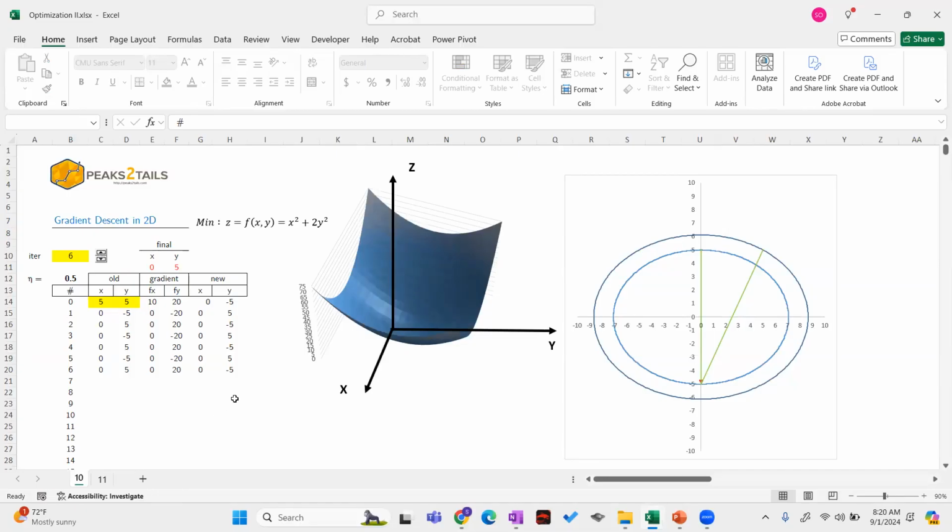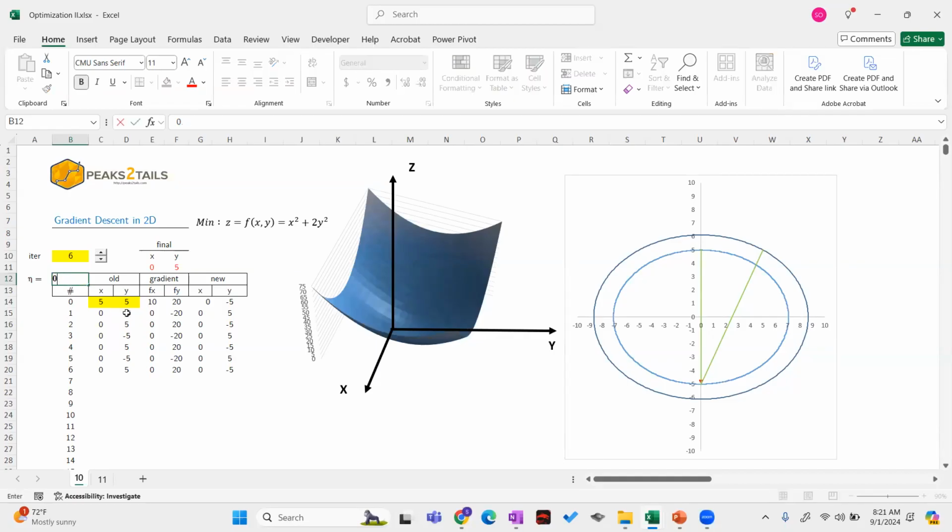Infinite oscillation? Yes. It is bouncing on and off because we are using a huge step size. Same thing that we saw in 2D, the same thing happening here because we are using a big learning rate. It might explode and come out also.